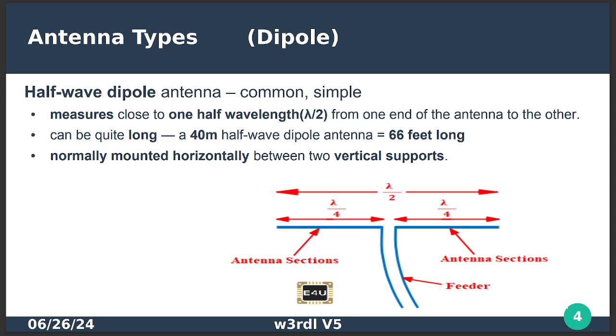It goes up in the air, horizontal rather than vertical. Your center conductor is connected to one side, your ground or shield is connected to the other side of the antenna. This antenna can be used if you cut it so that it's resonant for the frequency that you want. It can be used without any other articles between it and the radio other than your feed line.